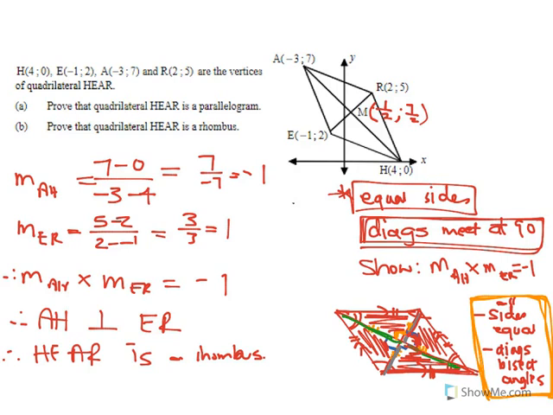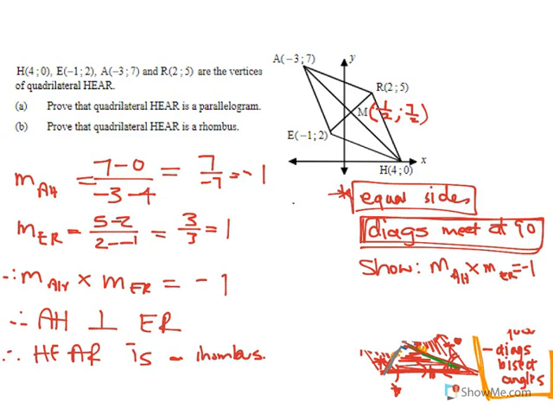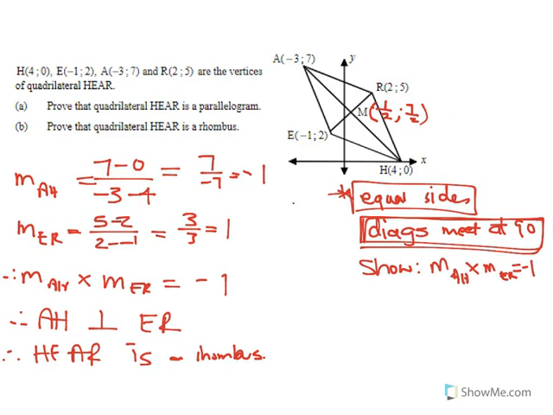If you do this in a less messy manner, you'll see that this angle is equal to this angle, and this angle is equal to that angle, and using alternate angles, this angle would also be dot, this one would also be dot, etc. So this is all to say that just showing that the diagonals meet at 90 degrees is sufficient. After I've proven that it's a parallelogram, it is sufficient to say that because the diagonals meet at 90, this shape must be a rhombus. It's a special parallelogram.